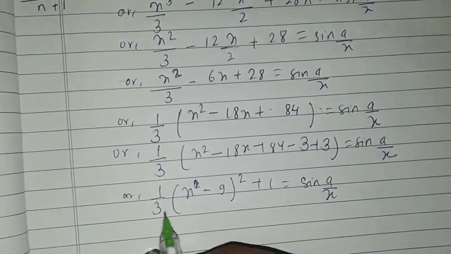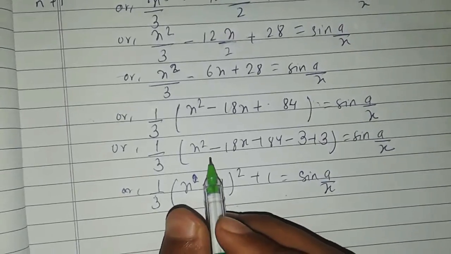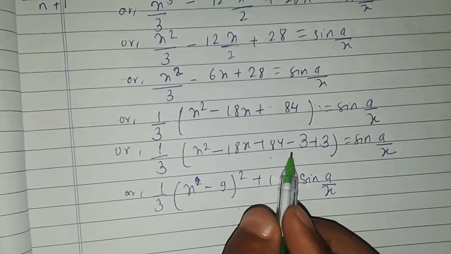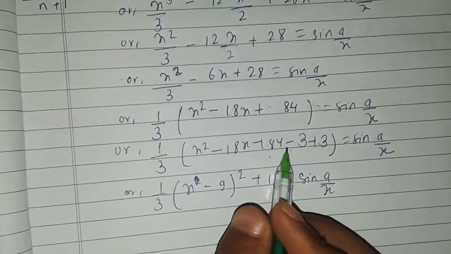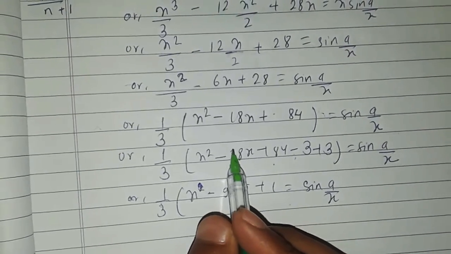So if we take this out, 84 minus 3 will be equal to 81, which is the square of 9. Here we can write 2 into x into 9.